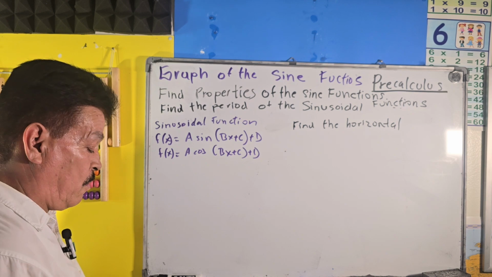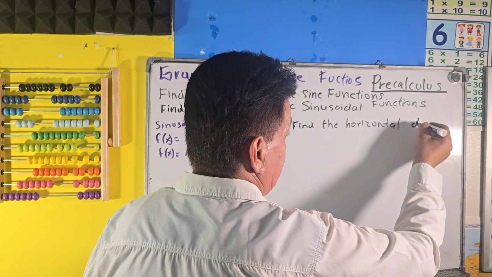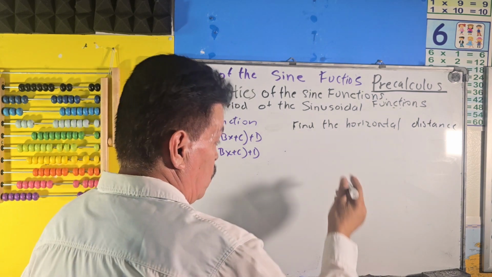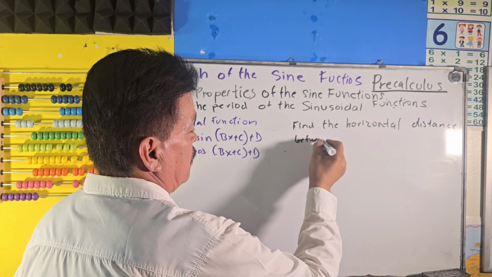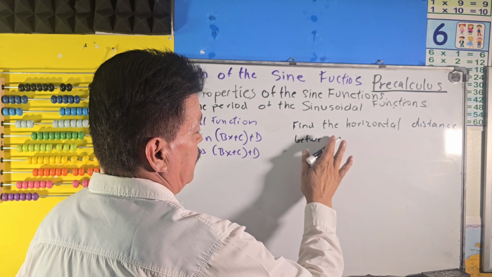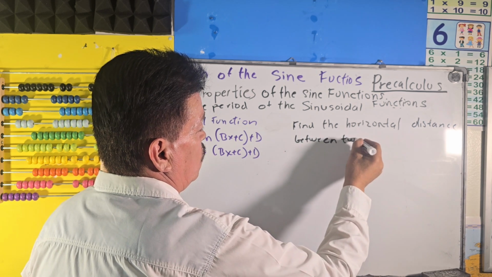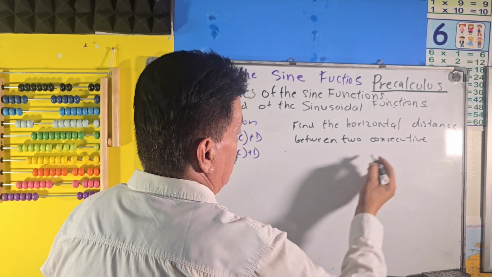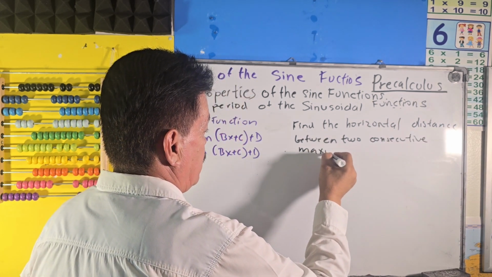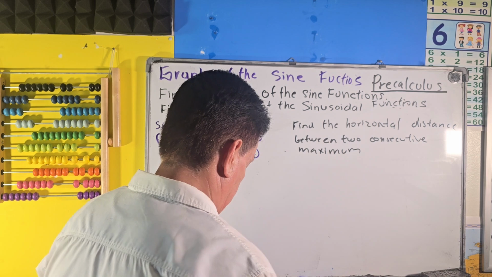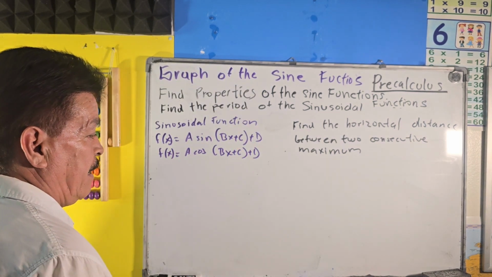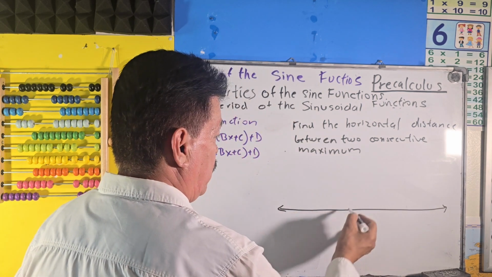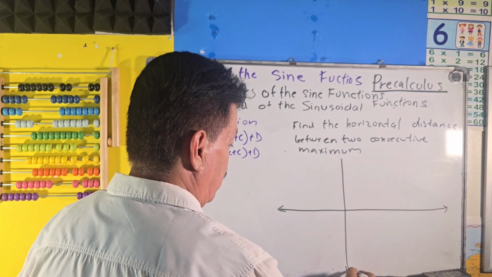Find the horizontal distance in the graph between two consecutive maximums. If you have one graph like this, we are going to find the two consecutive maximums.